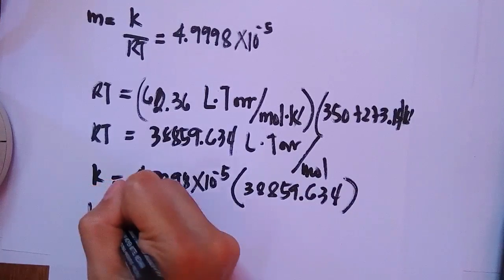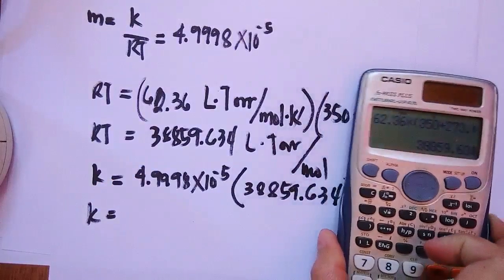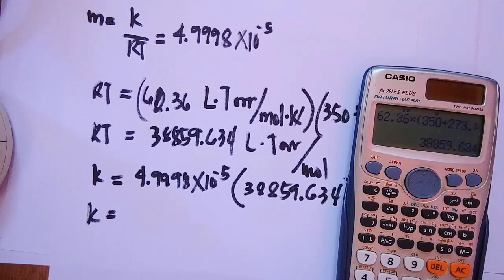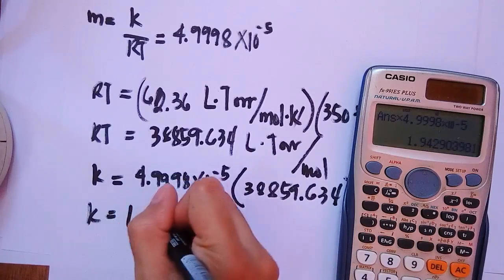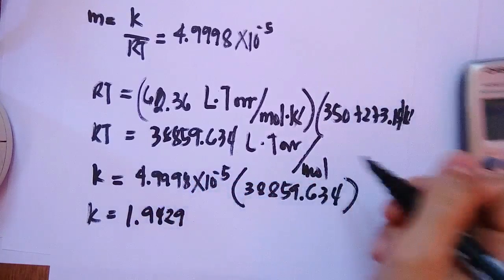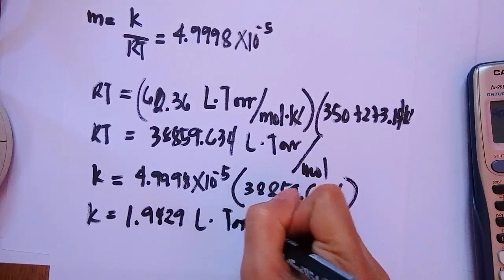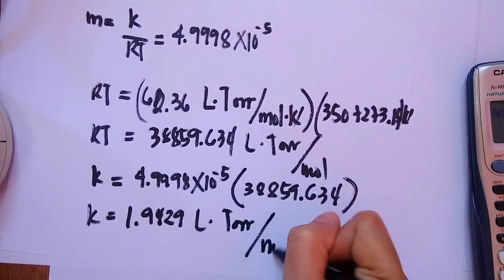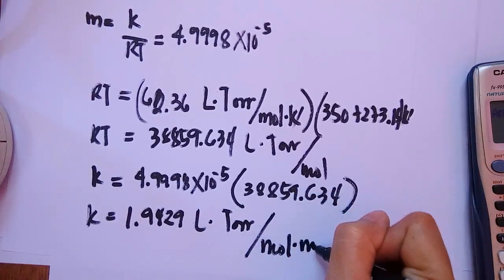So our k then is equal to 1.9429 liter Torr per mole minute.